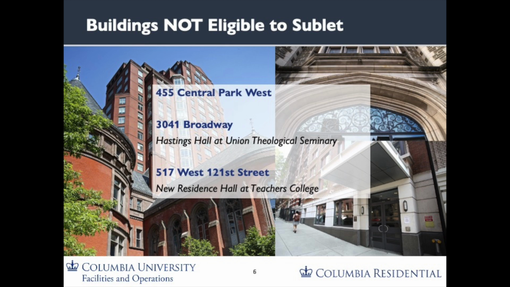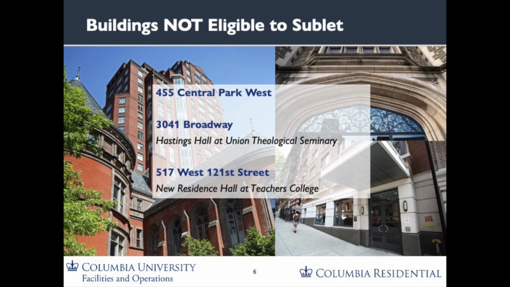These are properties that Columbia Residential does not own. And the residents in these buildings are not allowed to sublet. So if you're in any of these buildings, please make a note of that. Hopefully you were already aware of this, but we just want to make sure to highlight that before we get into the additional eligibility.